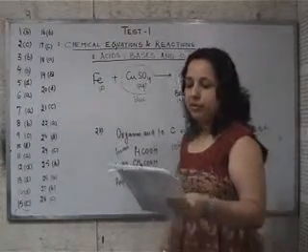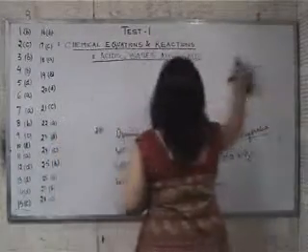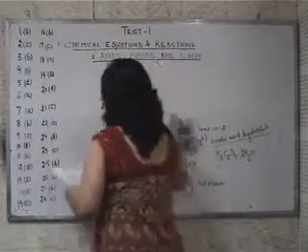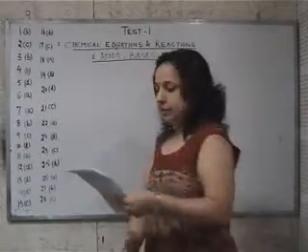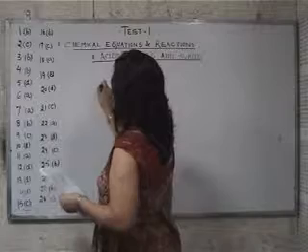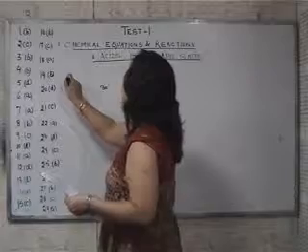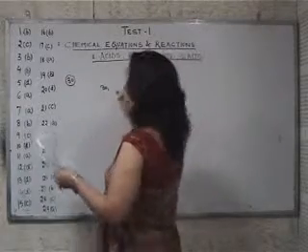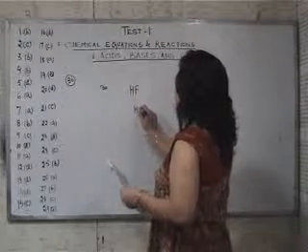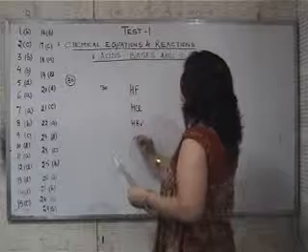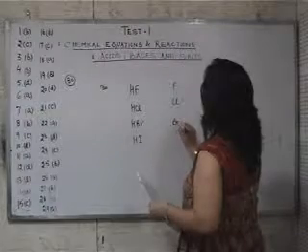30th question: which among the following is strongly acidic? This is the last question of the chemistry science portion of your test. The acids given are HF, HCl, HBr, HI, made from the elements fluorine, chlorine, bromine, iodine.